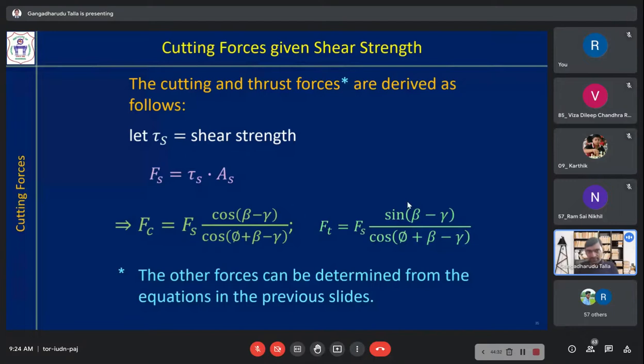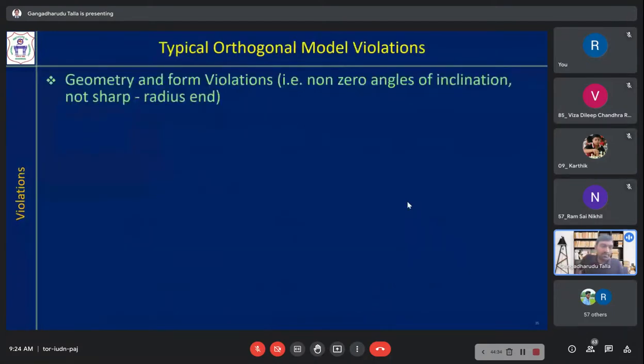Now some violations, because we have made many assumptions and we have derived the Merchant theory from that. So this theory may not be applicable at all times, because there will be some violations during the machining process. Some of the violations are geometry and form violations.